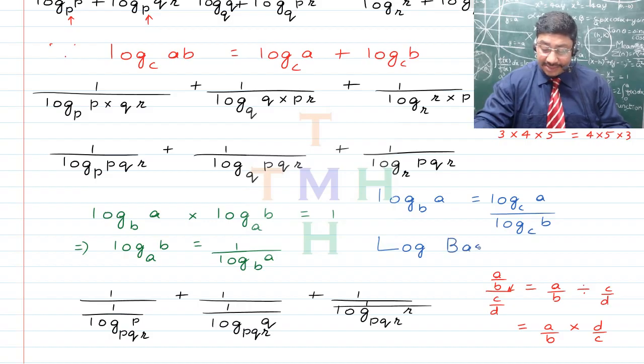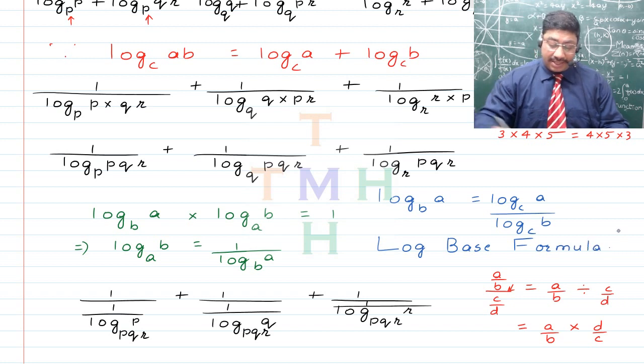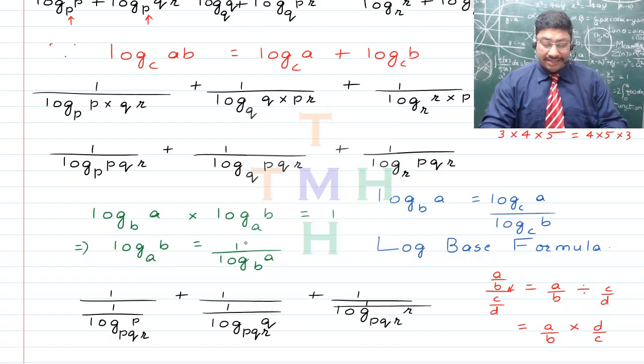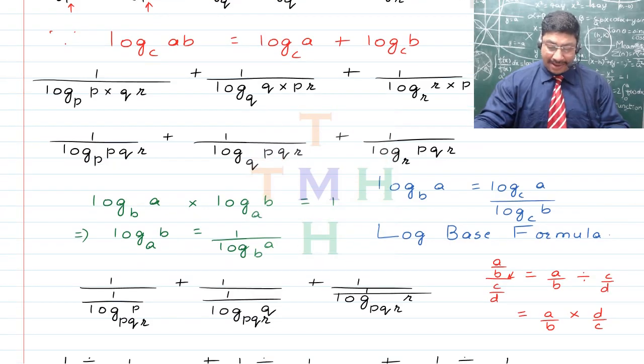Now this has been used here, and how has it been used? That is, if you talk about here log of B to the base A, which is multiplied with log of A to the base B, their product becomes equal to 1, because here also we can apply this.